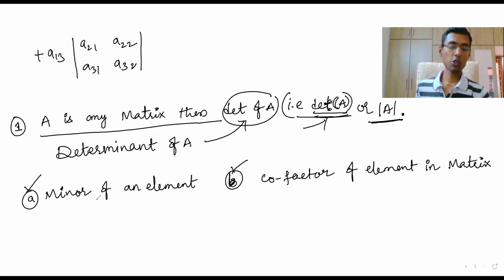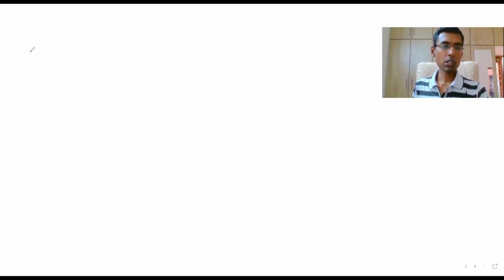I want to first teach you what is a minor and what is a cofactor of an element in a matrix. Then later we define the determinant. Okay, let's learn that. So first, minor.